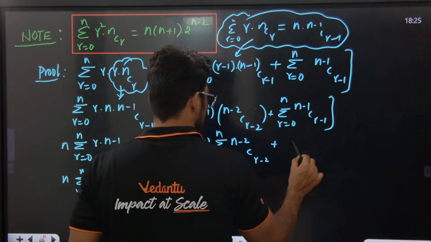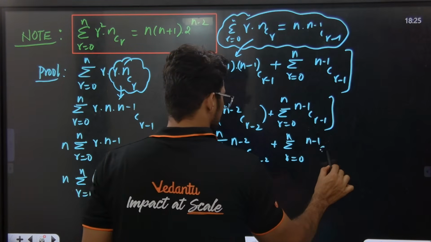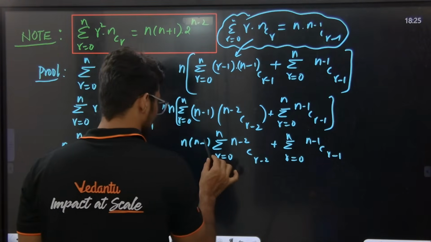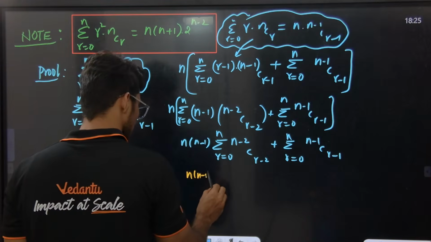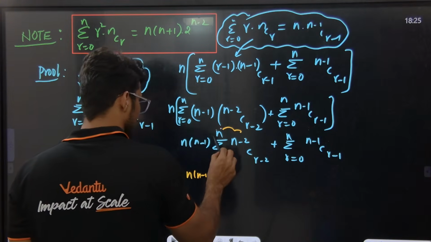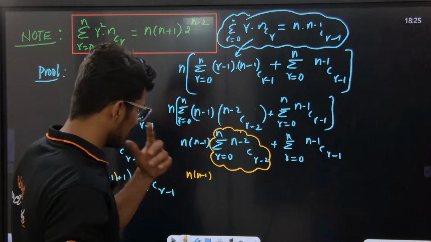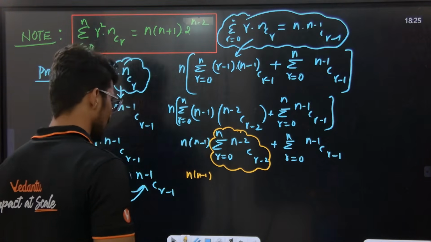So sigma as it is. Now n into n minus 1 as it is. Look at this: r value 0 should not be put because the suffix will be negative. If r value 2 is put, we get 0.